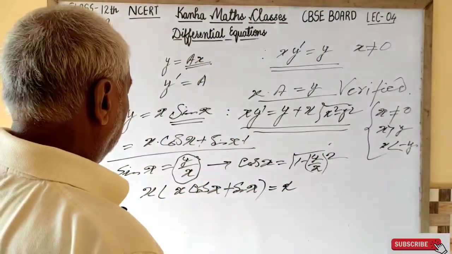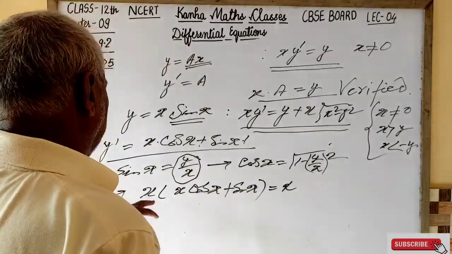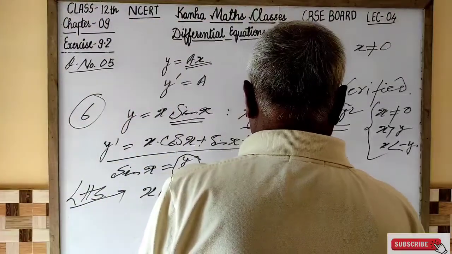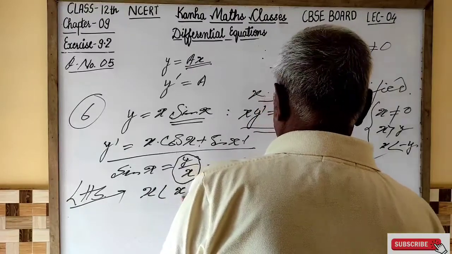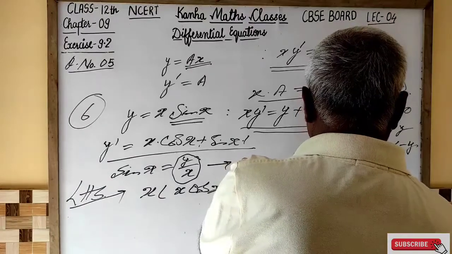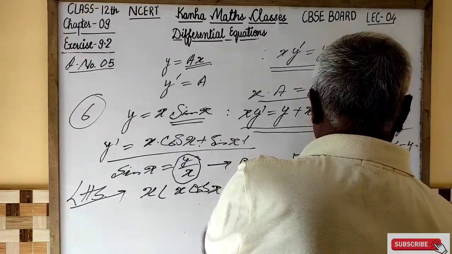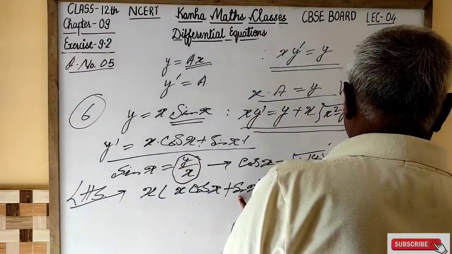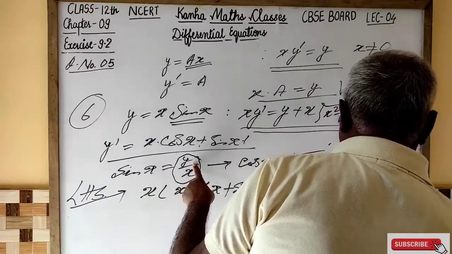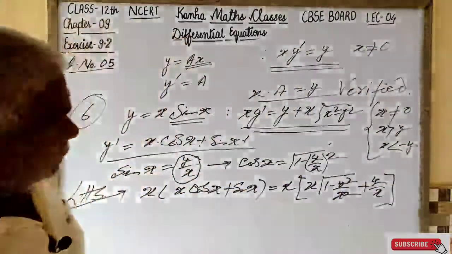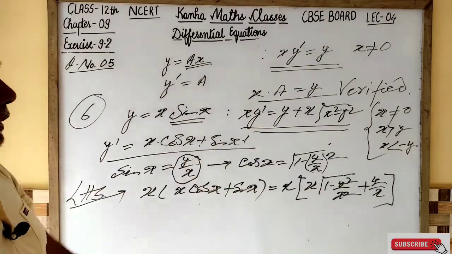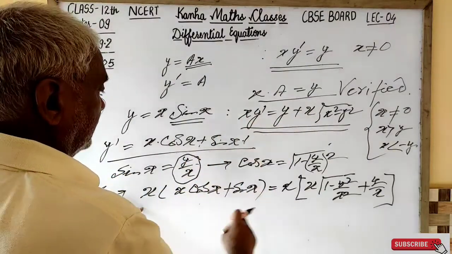Hence, by substituting the value of cos x and sin x, in the left hand side of the differential equation we will get x within the bracket, x cos x means under root 1 minus y square upon x square, plus sin x, sin x means y by x. Now substituting the value of sin x and cos x in the left hand side of the differential equation, we will get the expression like this.